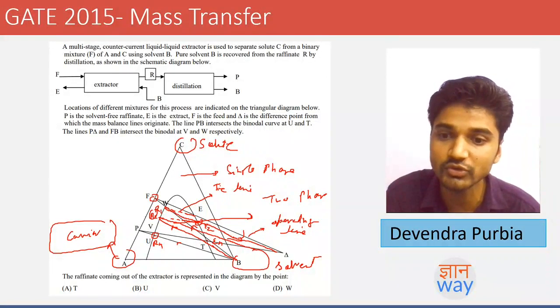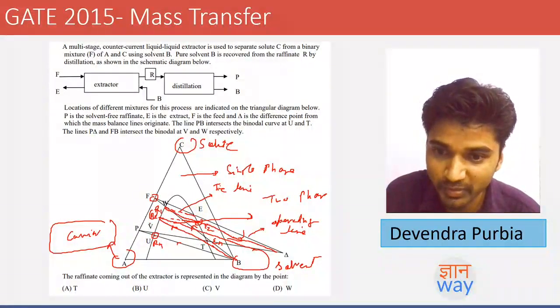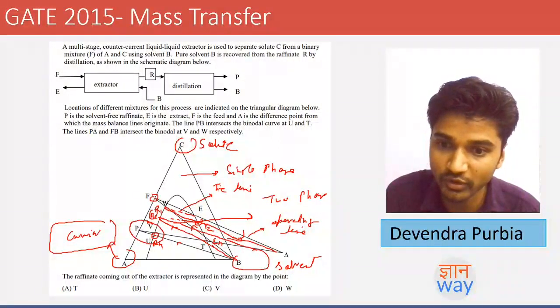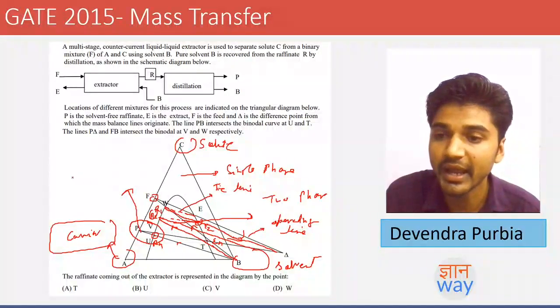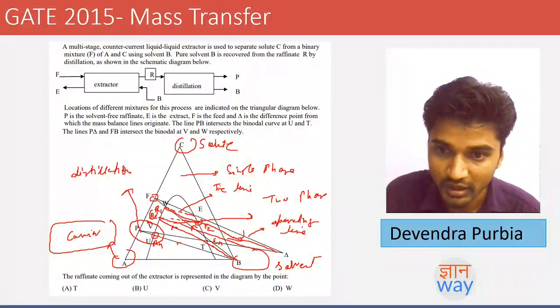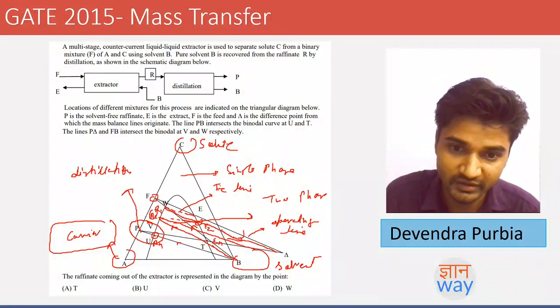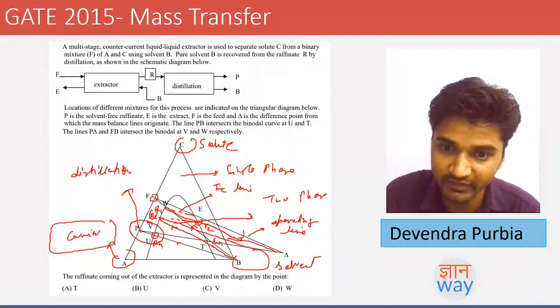For that we use distillation. So for this part, from U to P, we will apply distillation. We started with the feed, we followed the stages, then R1, then R2, likewise, and then at the nth stage we reached Rn.